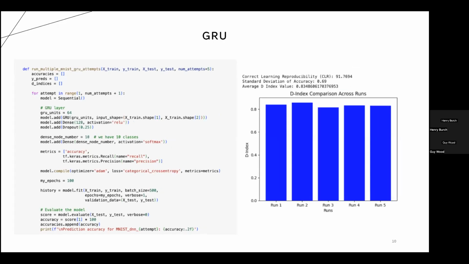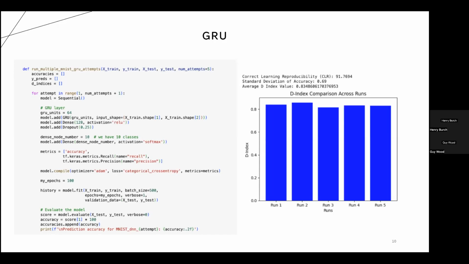And the final model that we did was a GRU model. And so you can see from the code, this model is not a super complicated model, but we have our first layer is a GRU layer, and then we go right into a dense layer with 128 neurons. Then we add a dropout to make the model more robust to overfitting.